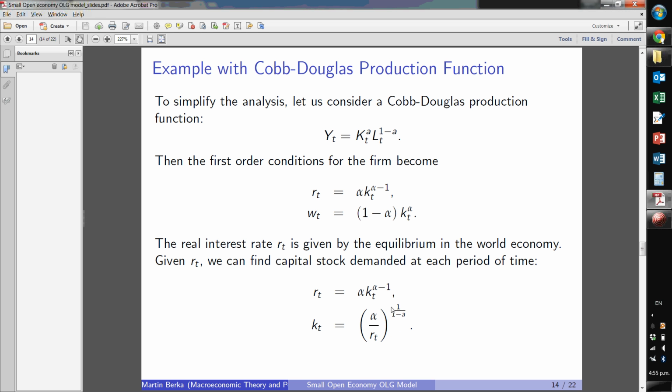So I just changed the sign of the exponent by multiplying with minus 1, which changed the order of the denominator, and at the same time I flipped these two, so it's alpha over r, not r over alpha. This expresses capital stock as a function of two parameters only: the world interest rate and the share of capital in national income.